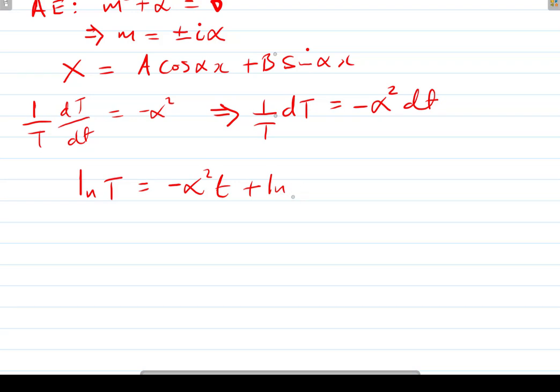I used A and B, so I can use C, for example, ln C. We have already seen how to do this one, so T equals C e to the power negative alpha squared t.